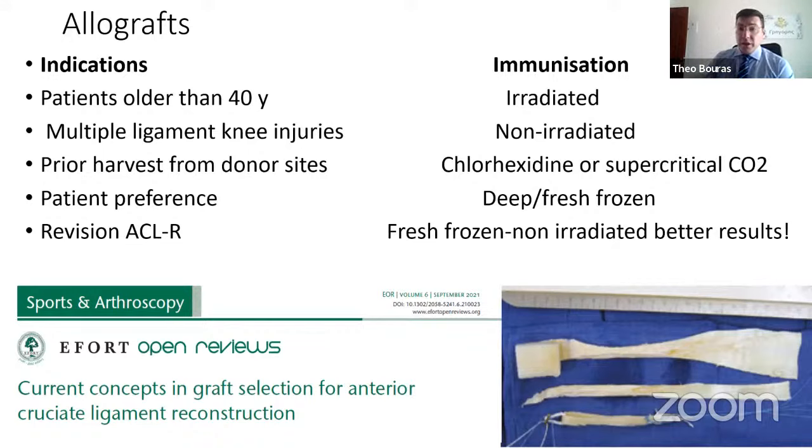In terms of immunization, there are the irradiated, non-irradiated, and the chemically immunized grafts, and then in terms of preservation, deep frozen and fresh frozen allografts. It is clearly established in the literature that fresh frozen, non-irradiated grafts have better results.